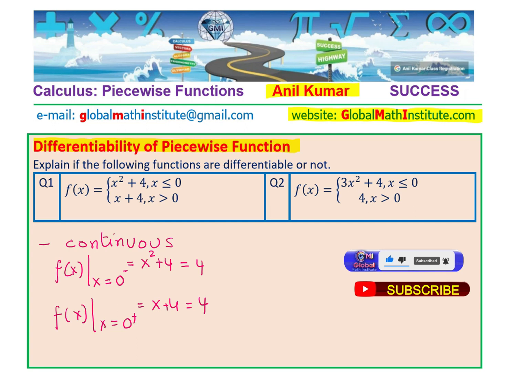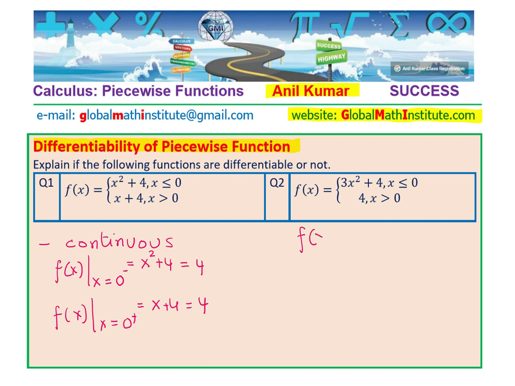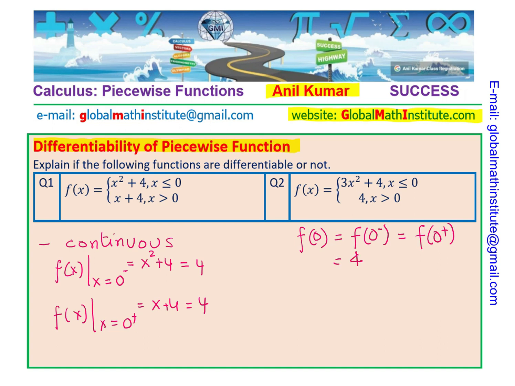Now in the second one also, if you check, you will find that the value of the function at 0, and the value when you approach from the left side, and also from the right hand side, are all equal. If I substitute 0, we get the result as 4, just as we got in the last case. So the function is continuous.